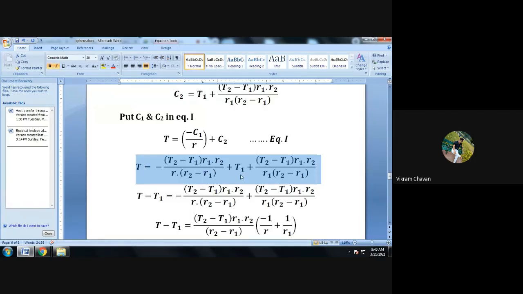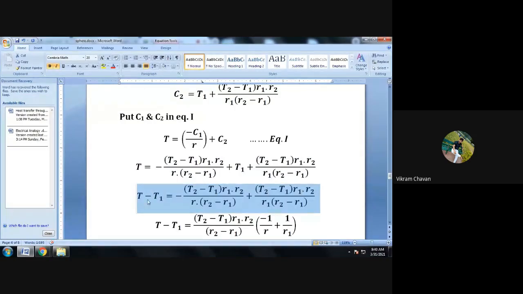We get T minus T1 is equal to the remaining equation as it is: minus of (T2 minus T1) multiplied by R1 multiplied by R2, whole divided by R multiplied by (R2 minus R1), plus (T2 minus T1) multiplied by R1 multiplied by R2, whole divided by R1 into bracket (R2 minus R1). Getting everyone? Is there any doubt, any question?